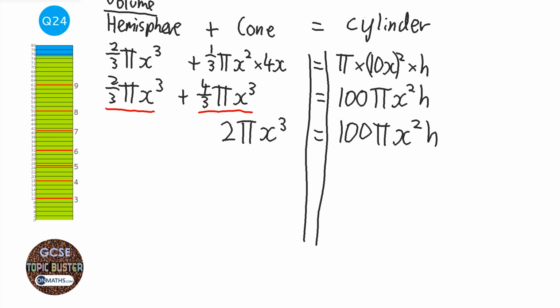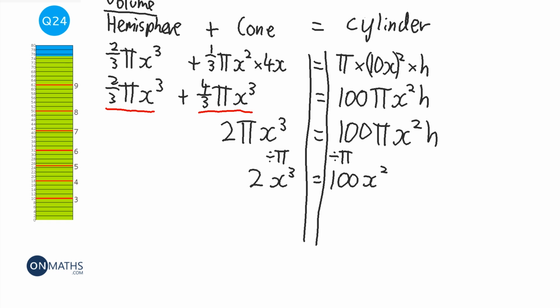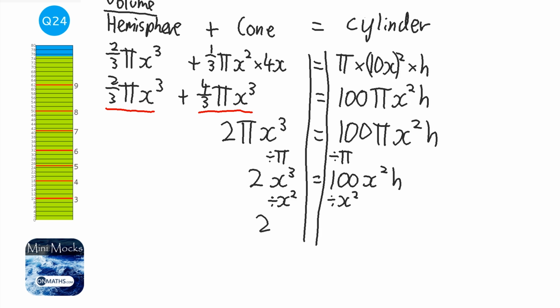Okay. So first thing I need to do, well, let's have a look. What's easy to do? Well, what's easy to do is just divide both sides by pi. Let's get rid of the pi's. So 2x cubed equals 100 x squared h. Now we want h on its own, so we're getting close. We need to divide by the x squared first to get h on its own. So I'm going to divide by x squared. So we get 2x equals 100h.